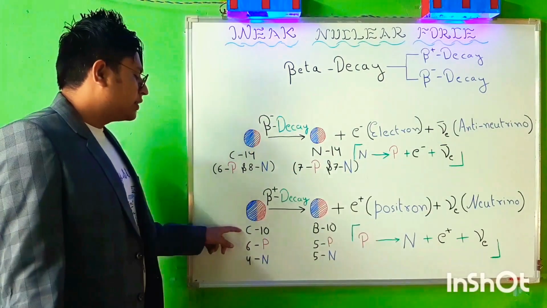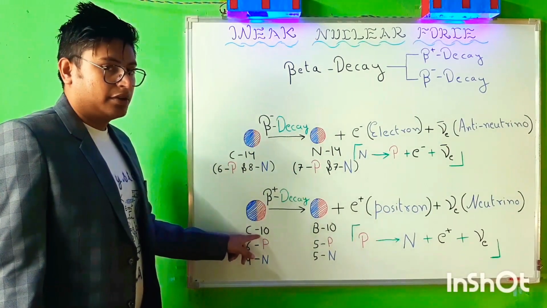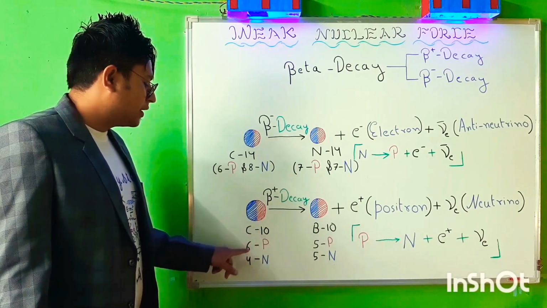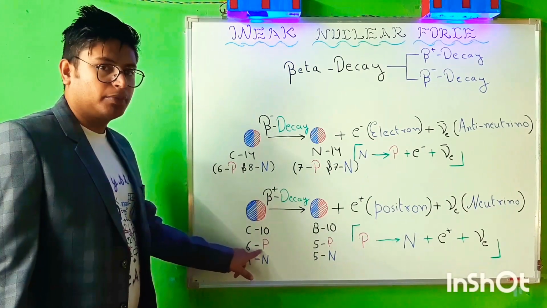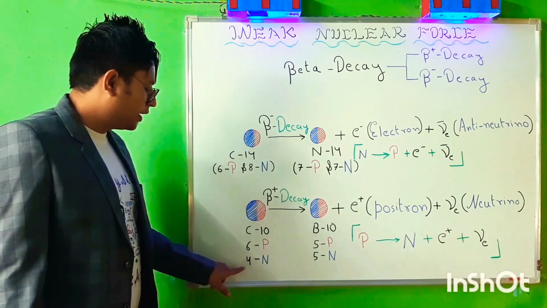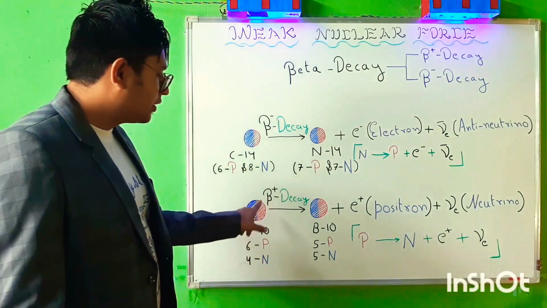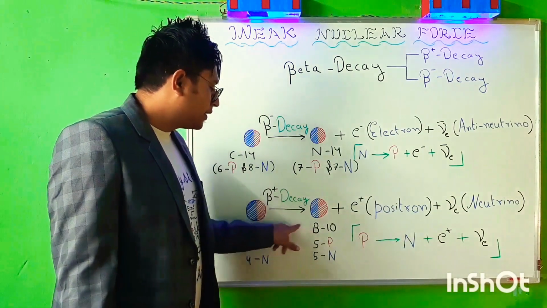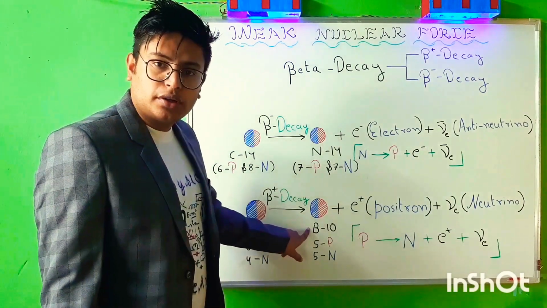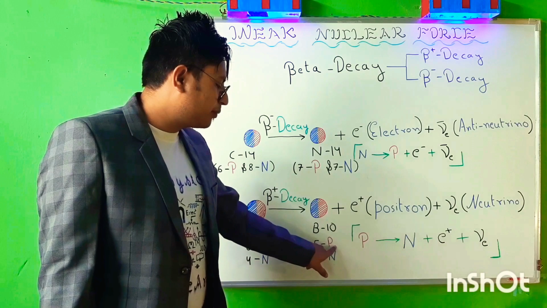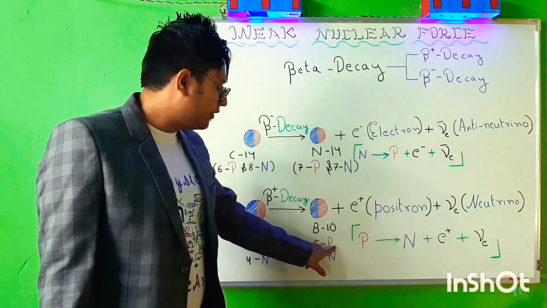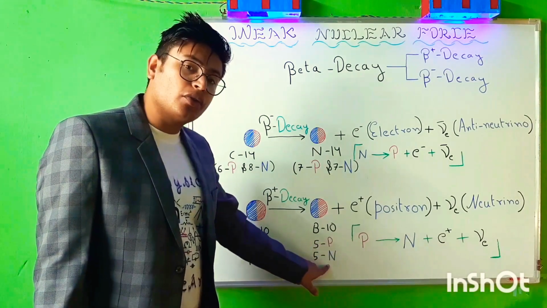In this particular case, I am taking carbon 10. Carbon 10 has 6 protons, the atomic number of carbon is 6, and 4 neutrons. When it undergoes beta plus decay, it changes into boron. Boron has 5 protons, atomic number 5, and 5 neutrons.